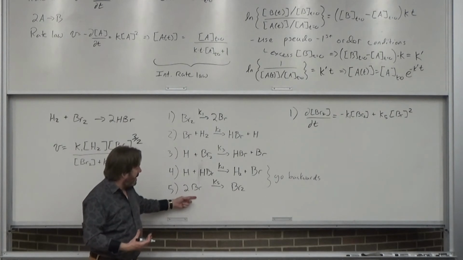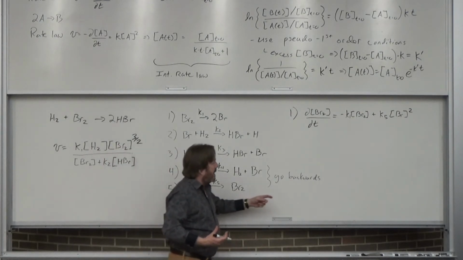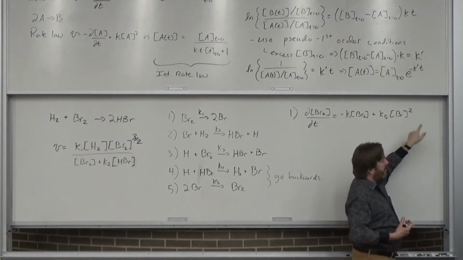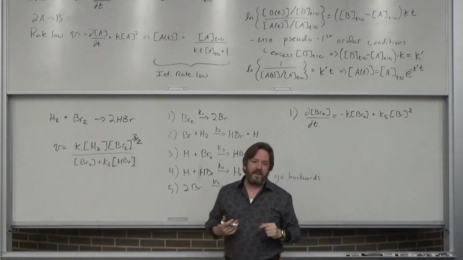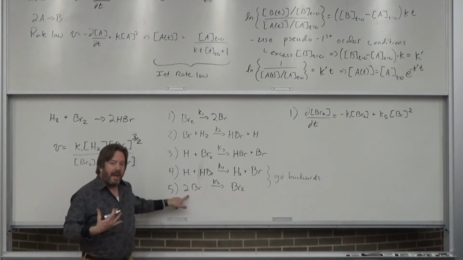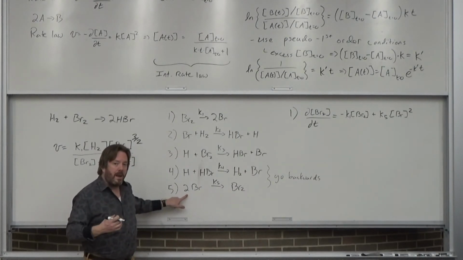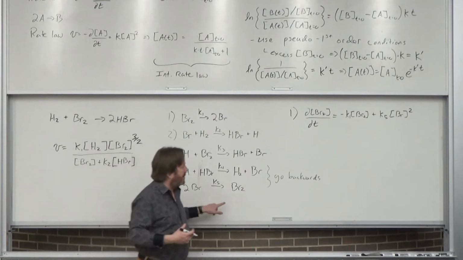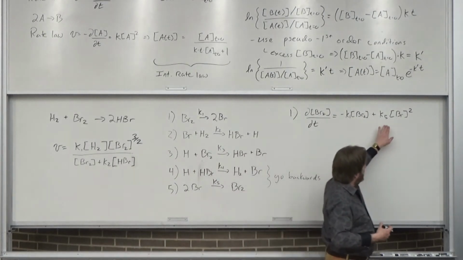That's why you can be certain that you're going to take the Br concentration and raise it to the second power. Because this isn't just a statement of how many Br atoms react. It's a statement that one Br finds another Br to form a Br2, which is kind of obvious, right? Okay, so that's how this works.